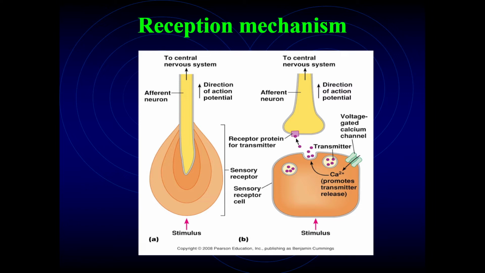Then in primary sensory receptors, the receptor potential reaches a critical level and action potential arises, which is transmitted to the central nervous system.